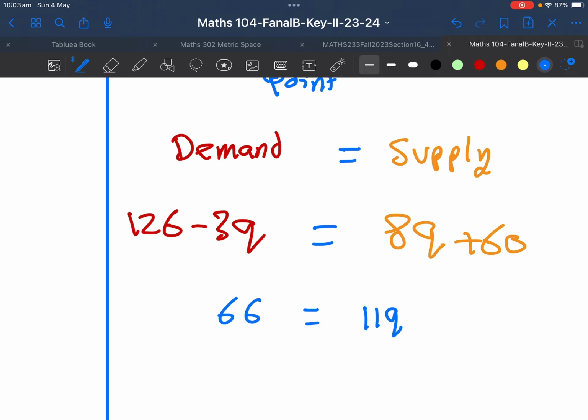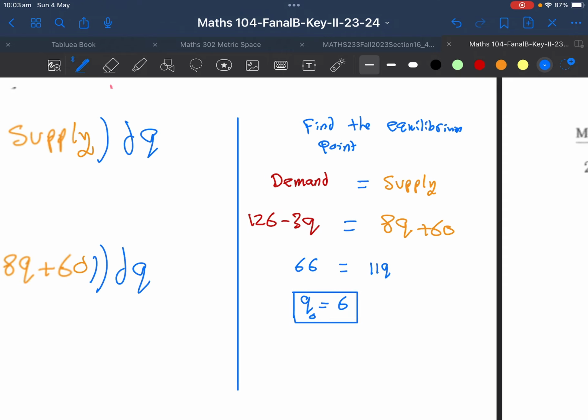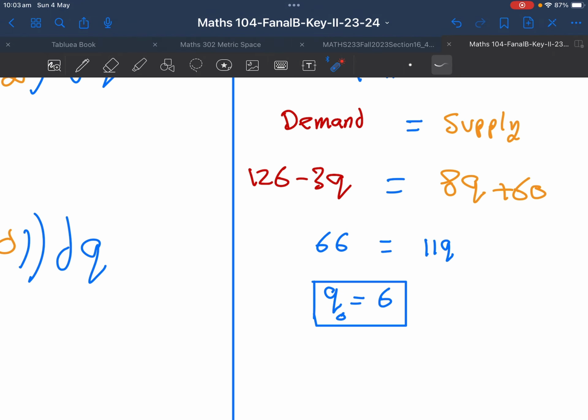Once we have those 2 pieces of information up here, we can now go ahead and find the equilibrium price, which means Q equals 6, and that's Q naught. Now, once you have Q naught equal to 6, what you need to do next is substitute in either the demand or the supply to find P0.